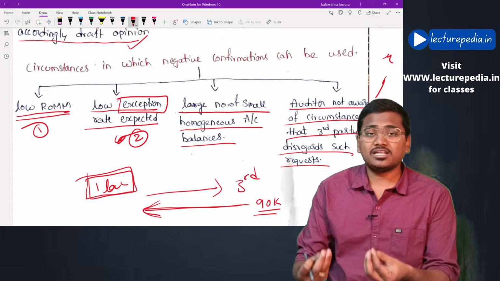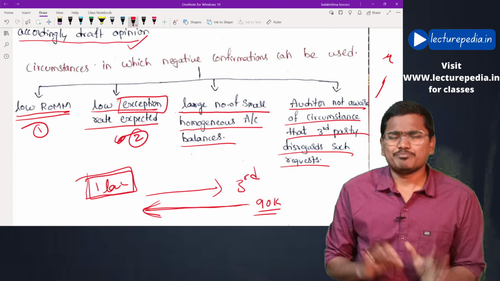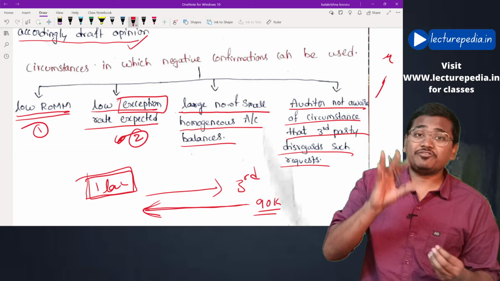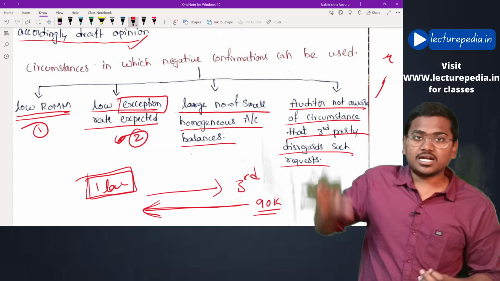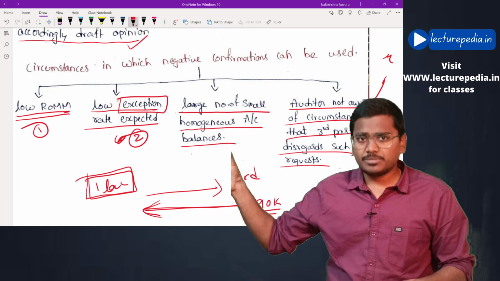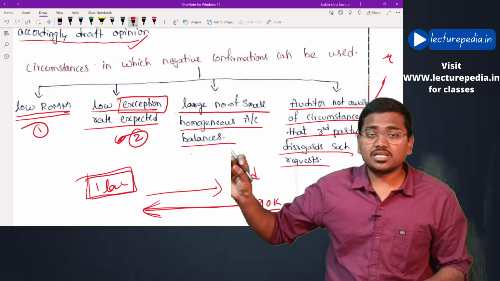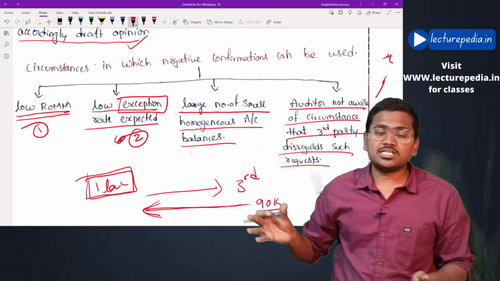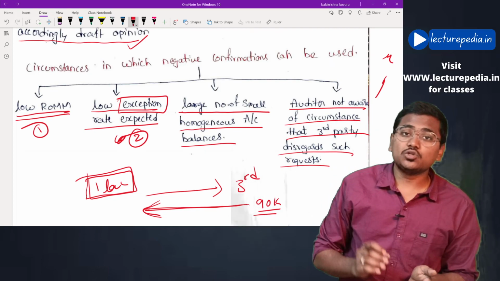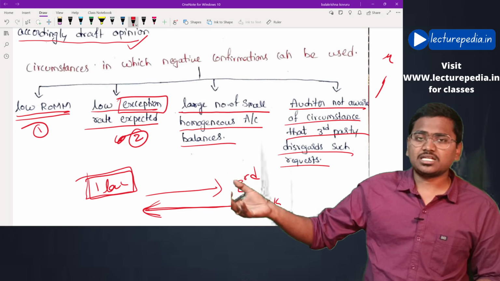Basically, if the auditor has confidence that the third party will not commit a mistake and will not neglect the request sent by the auditor, then he can use a negative confirmation request for that item.